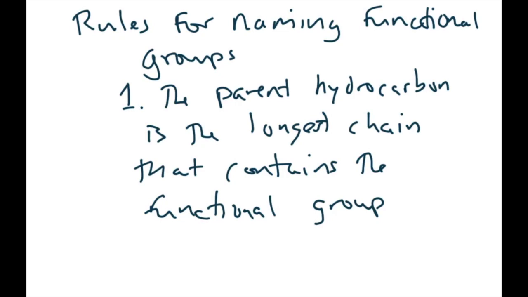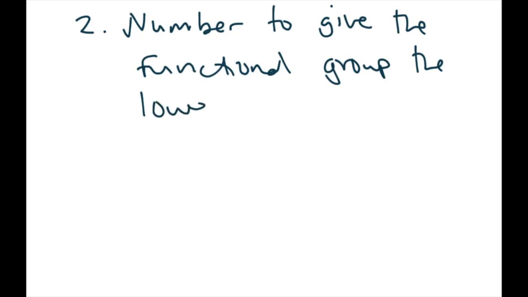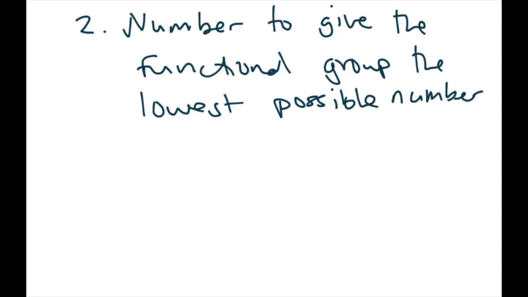Rule 2: when you have a suffix, number to give the functional group the lowest possible number.